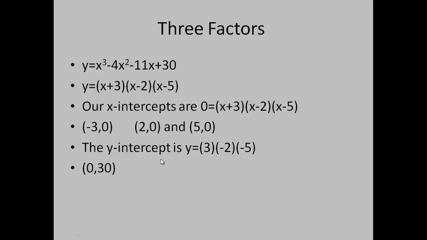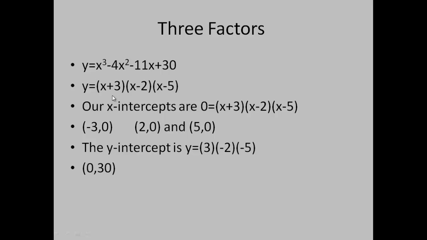Okay, so let's start off looking at this cubic here, which can be factorised like so. These factors give us values, roots, when y is 0. So y is 0 is the x-axis, so our x-intercepts, the points where the graph crosses the x-axis, will be where any of these brackets are 0.